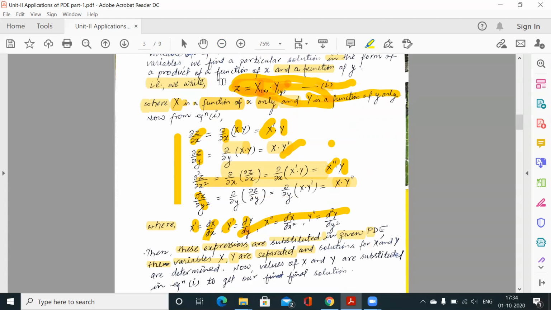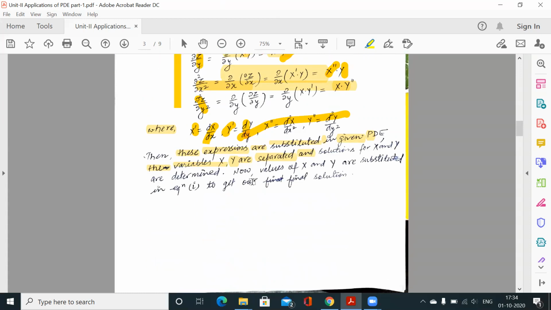So whenever we substitute this assumed solution in the PDE, you will get a separation in x and y. So now these are two equations, because on one side we have x, on the other side we have y. These are ordinary differential equations, and we know how to solve ordinary differential equations.